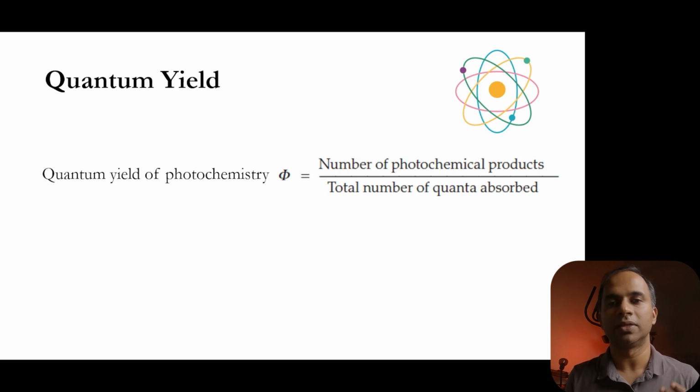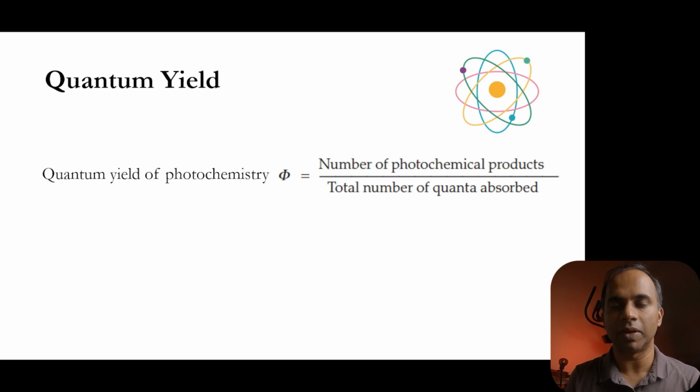In other words, you divide the number of photochemical products by the total number of quanta absorbed. It will give you the value, or the ratio, that can be interpreted in order to tell people what yield we actually obtained as a result of our photochemistry.